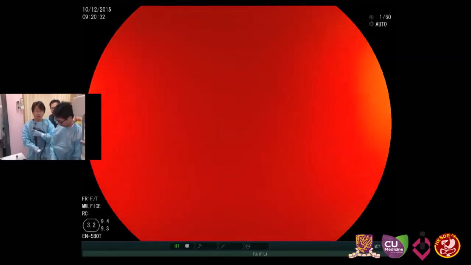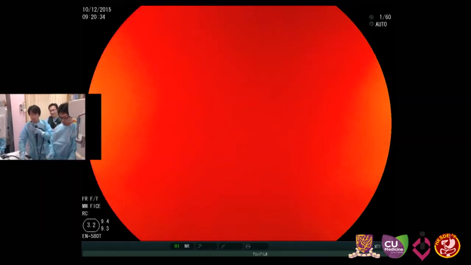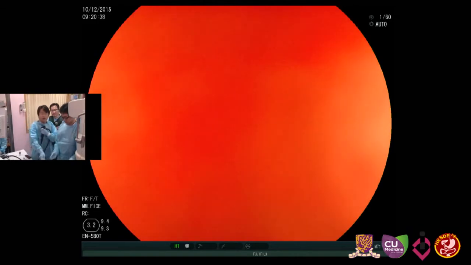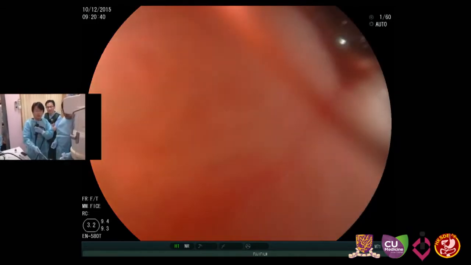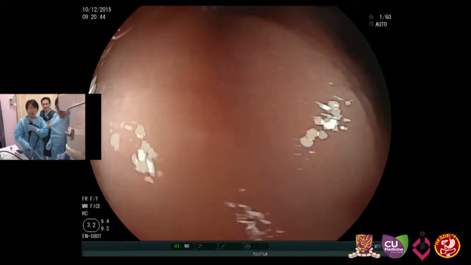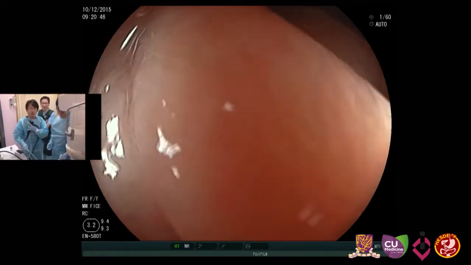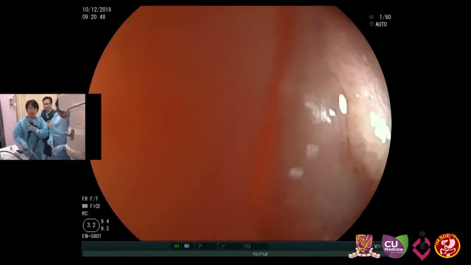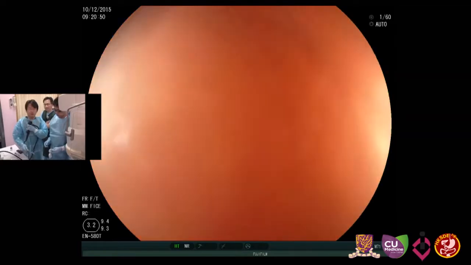Yes. If the total straightening doesn't work, sometimes because of the adhesion, as Simon said, it could make the curve more acute.